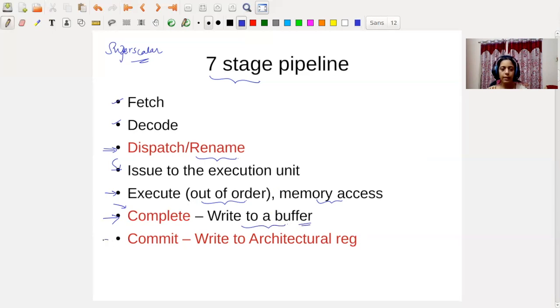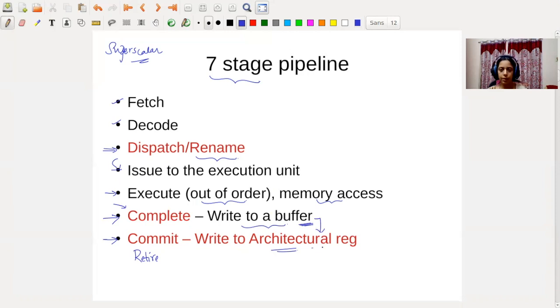And then finally, there is the 7th stage, which is also called the commit stage. This is also sometimes called the retire stage in some books. And this is a stage wherein we're going to write the registers back to the architectural register file. So we have written it to the buffer, and then finally, we're going to write it to an architectural register.